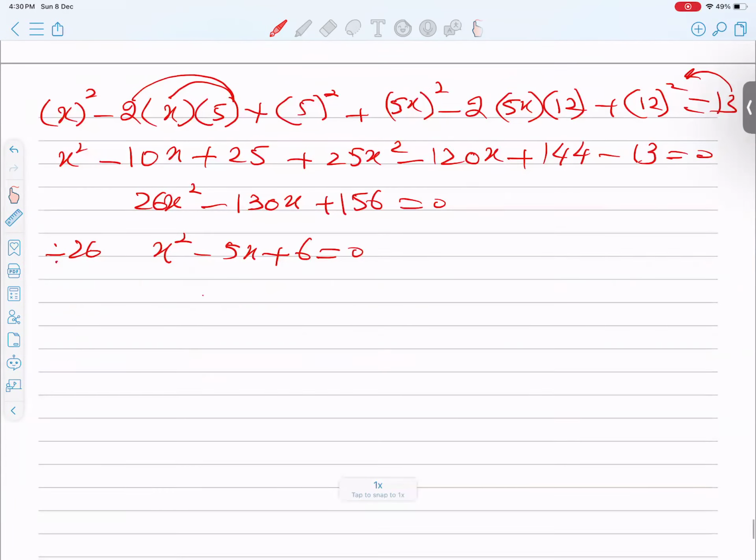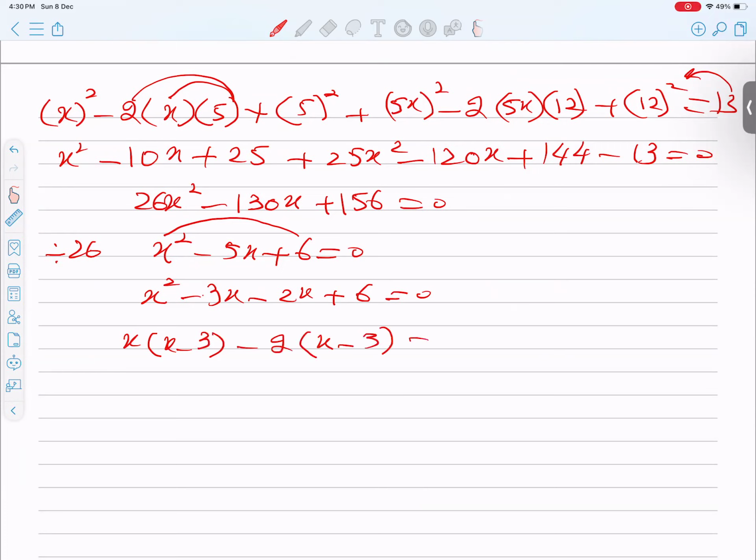So this into this is 6x squared, and I get negative 3x and negative 2x. I believe there's nothing hard. So x common, and negative 2 common, I got x minus 3. And I got x minus 3 common out, and x minus 2 equals 0.